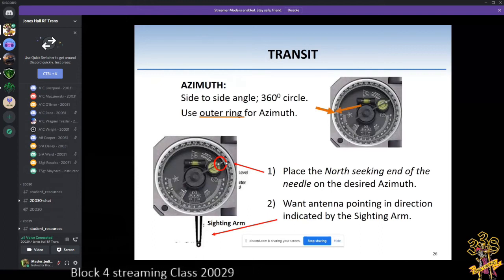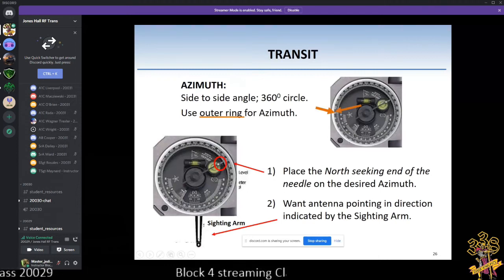So if you want your antenna to point at 220 degrees, you're going to hold this transit in your hand and rotate it until the north-seeking needle is on 220.